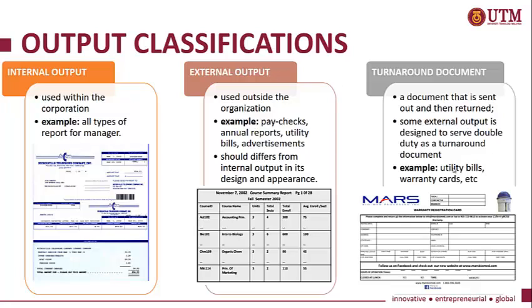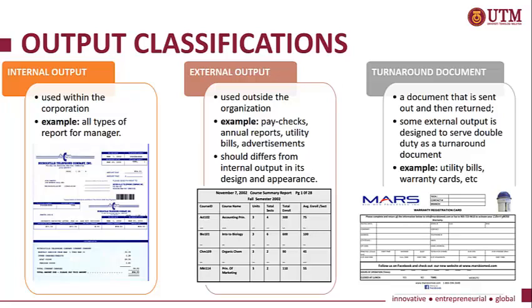Let's take the example of utility bills. The TMB utility bill, for example, is a turnaround document for the TMB company for data processing.